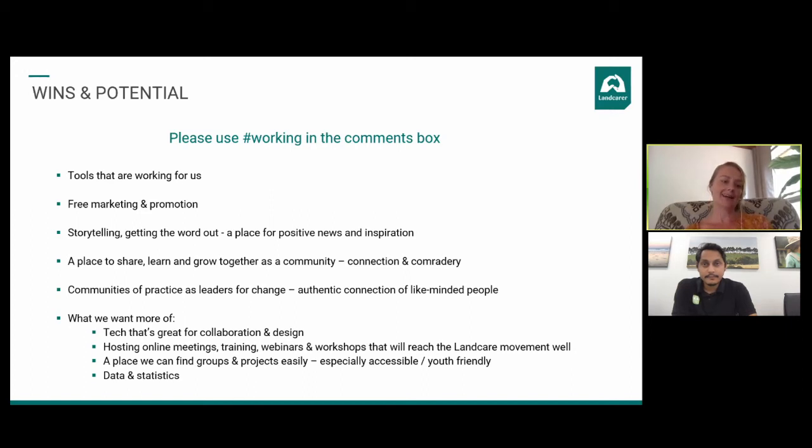And all of that has been great, and we're still discovering what's working for us, and I'm sure there'll be more in the future. But what's emerging for us now, and what we'd love to explore more, and this will lead into the next session nicely with you, Rohan, is what's the technology that is really going to enhance and build on the level of collaboration and design that we're having.